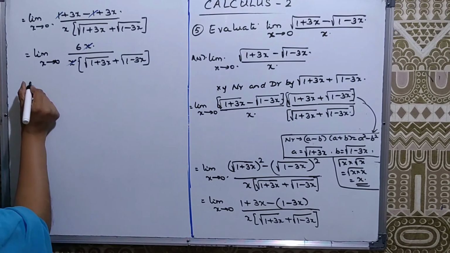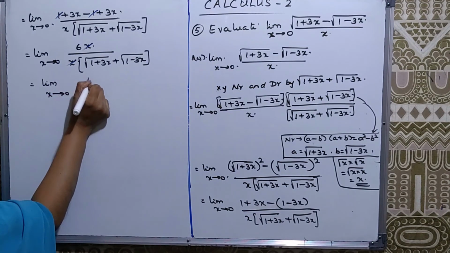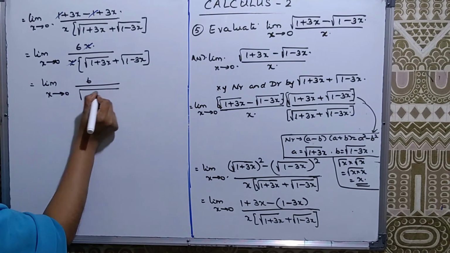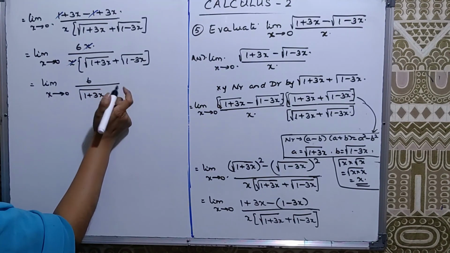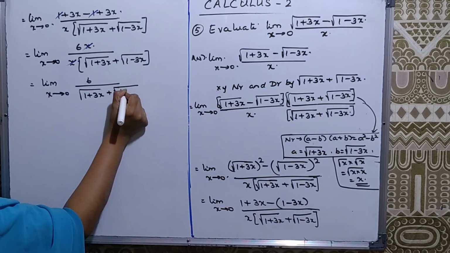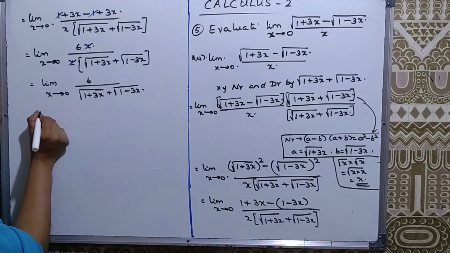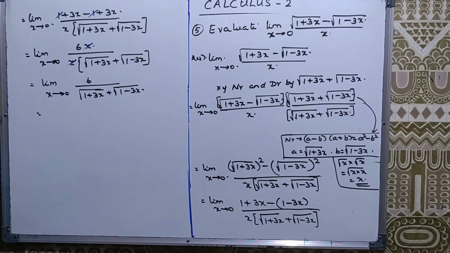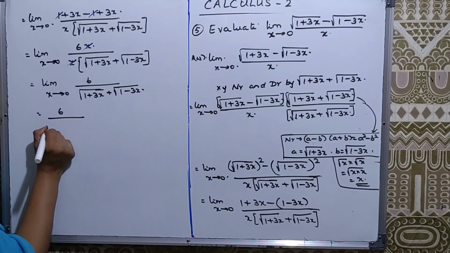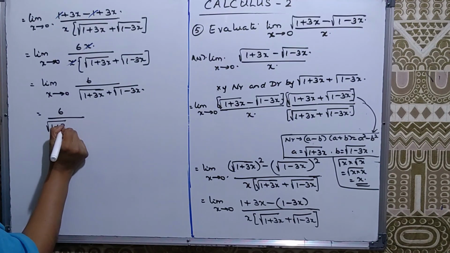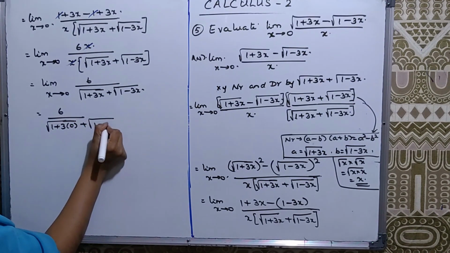So it will be equal to limit x tends to 0, 6 divided by root of 1 plus 3x plus root of 1 minus 3x. Now we are not putting the limit, we will substitute the value of x. So it will be 6 divided by root of 1 plus 3 into 0 plus root of 1 minus 3 into 0.